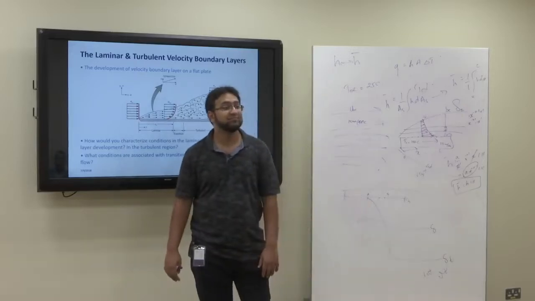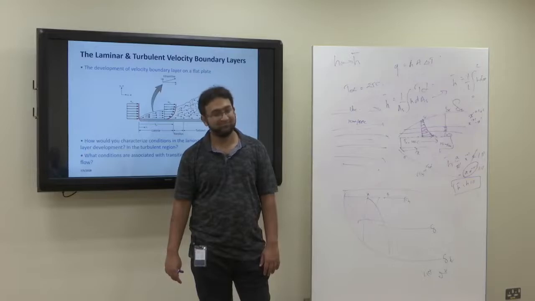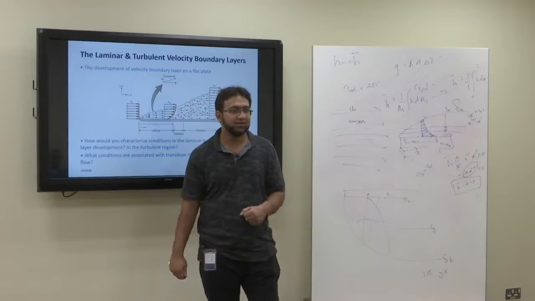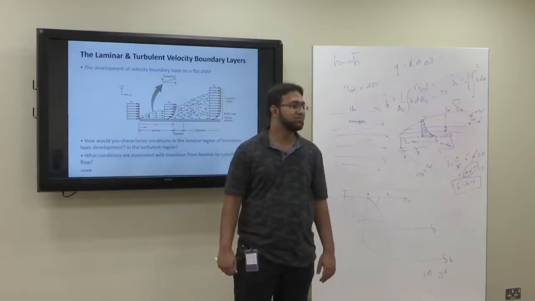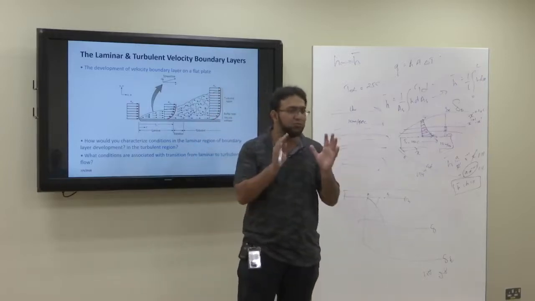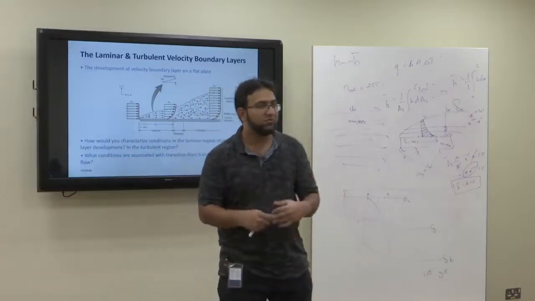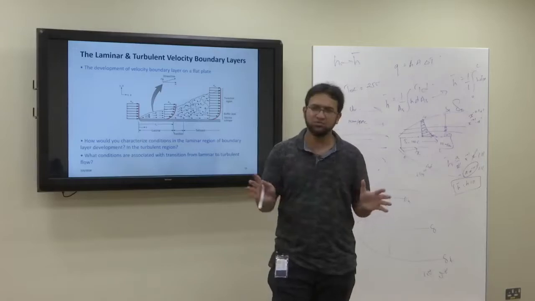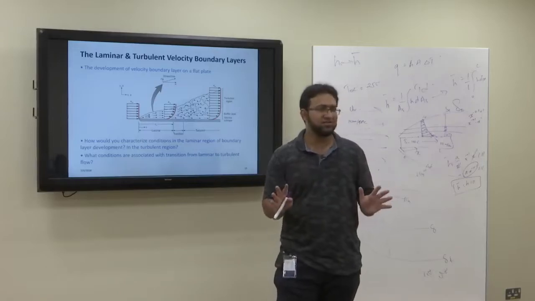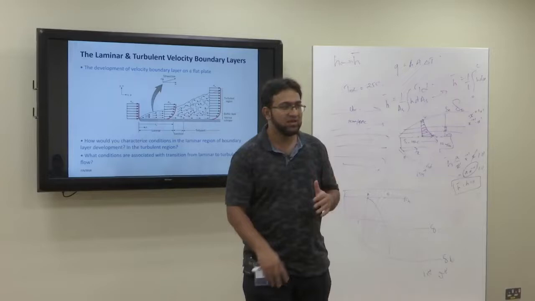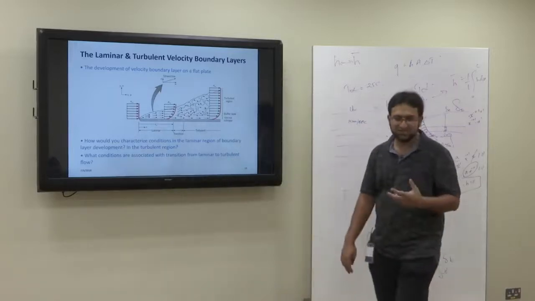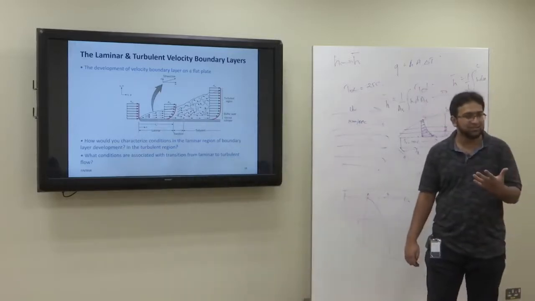If it's less than 2, laminar, the fluid moves smooth. Perfect. Turbulent means disturbance. The flow is disturbed, that is turbulent. The flow is very smooth, calm, that's laminar.